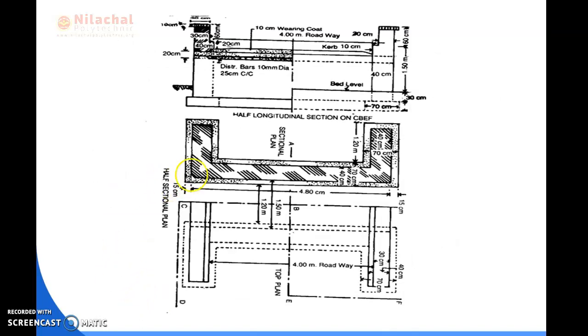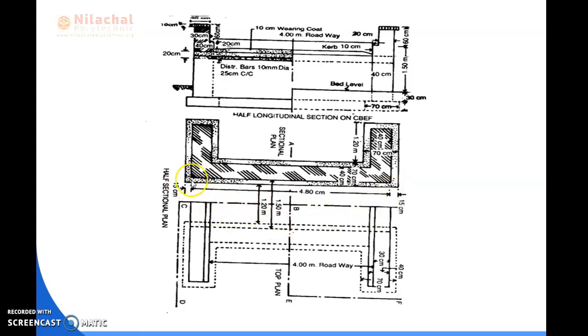Here, the abutment section. This one is 1 number. Then the other side also contains 1 number of abutment. From brickwork to brickwork the distance is 4.8, and the cement concrete to cement concrete distance we can calculate by adding the offset of cement concrete to the brickwork to brickwork distance.